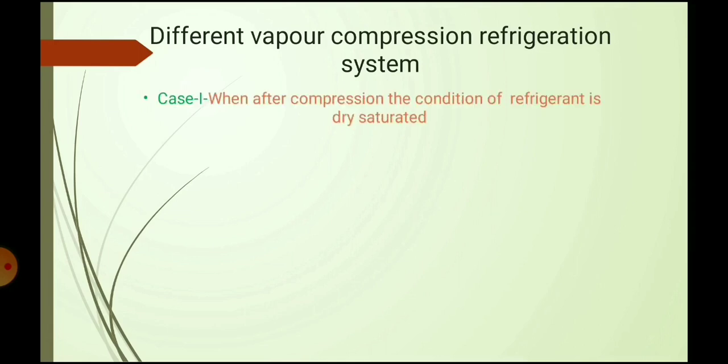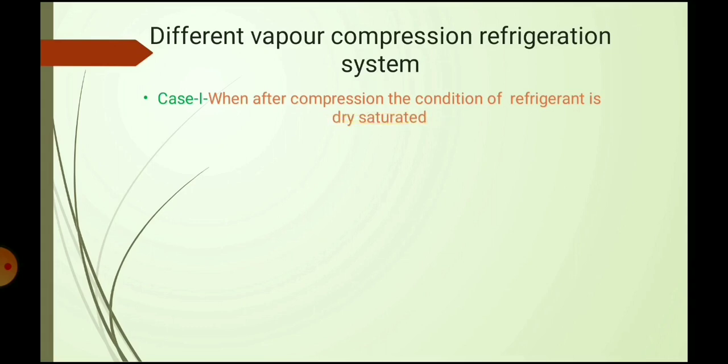Number 1, after compression, the compression process is shown by the process 1 and 2. 1 shows the point before compression, and 2 shows the point after compression. After compression means it says about the point 2, the condition of refrigerant is dry saturated.